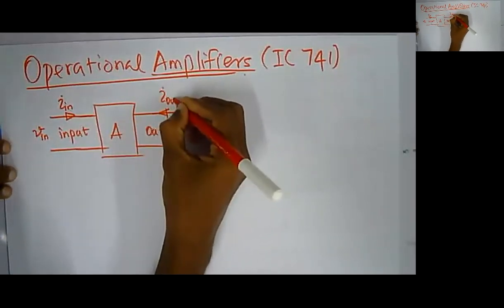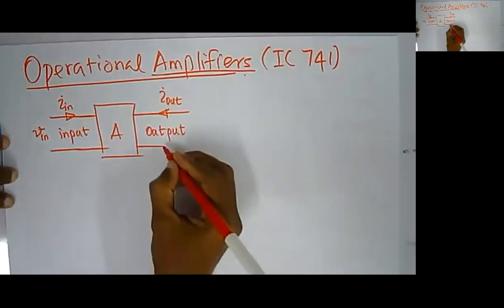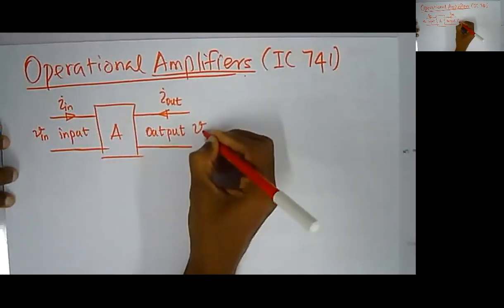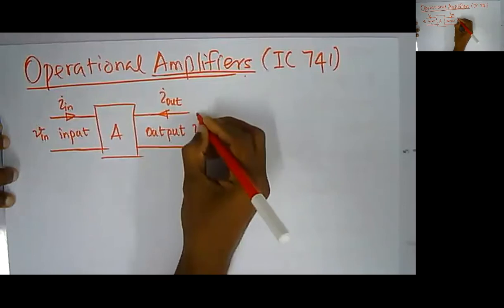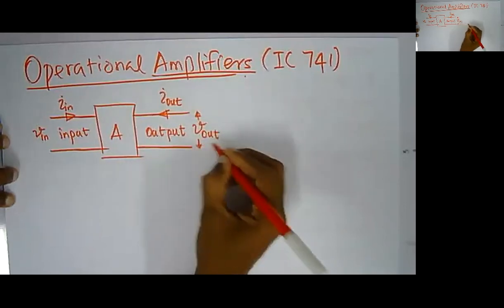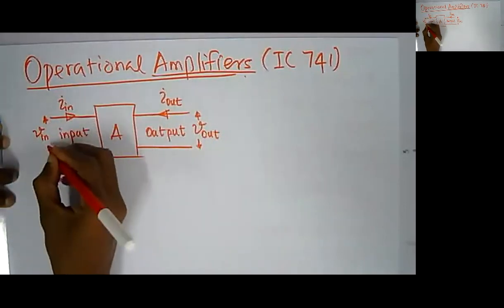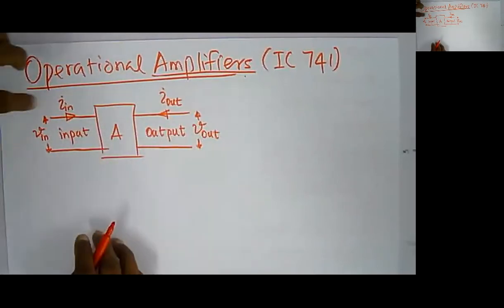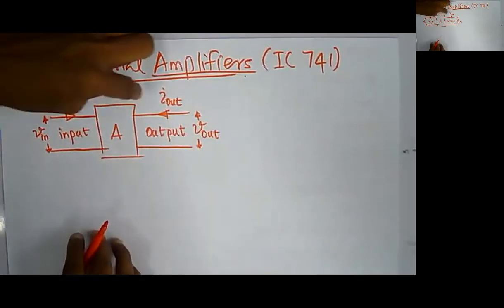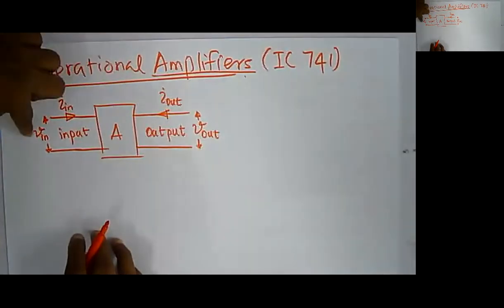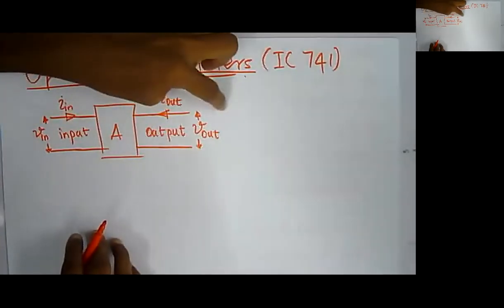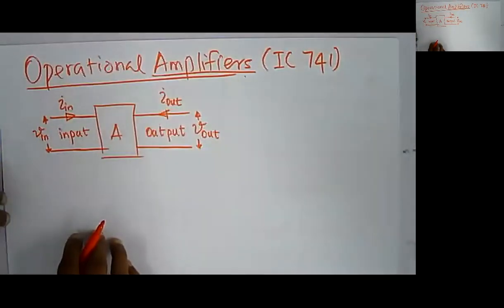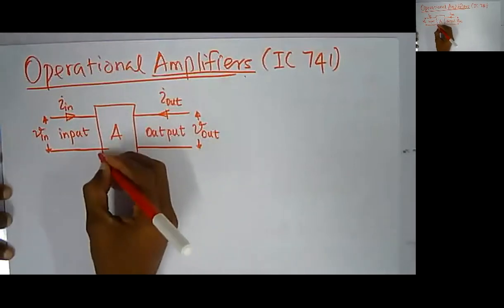Similarly, you will have I out, which is your output current, and then you will have V out as well, which is the voltage across the terminals, the output voltage. So I in is input current, I out is output current, V in is input voltage, and V out is output voltage.